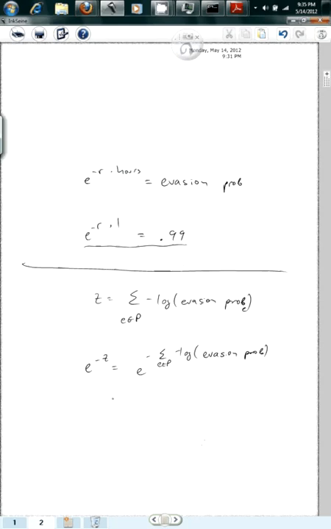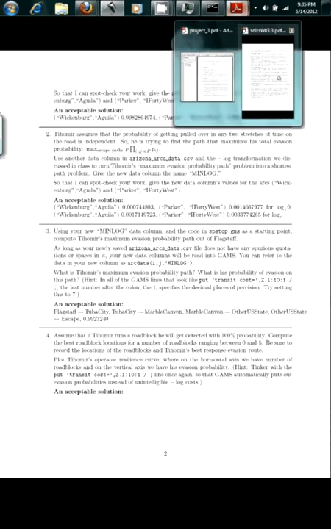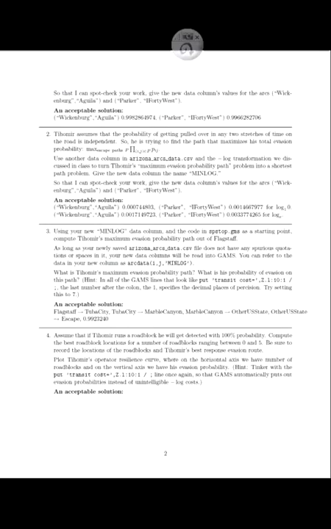We can use the log product rule, so that's equal to e to the log of the product over all edges in the path of the evasion probability of that edge. And then e and log are inverse functions of each other, so that's just equal to the product over all edges in the path of the evasion probability for that edge. And this product is exactly the evasion probability over the whole path. So that's what was going on in that problem. That was number 3.